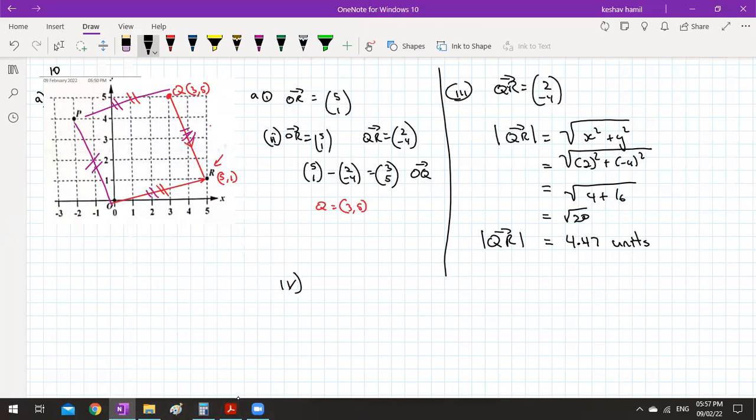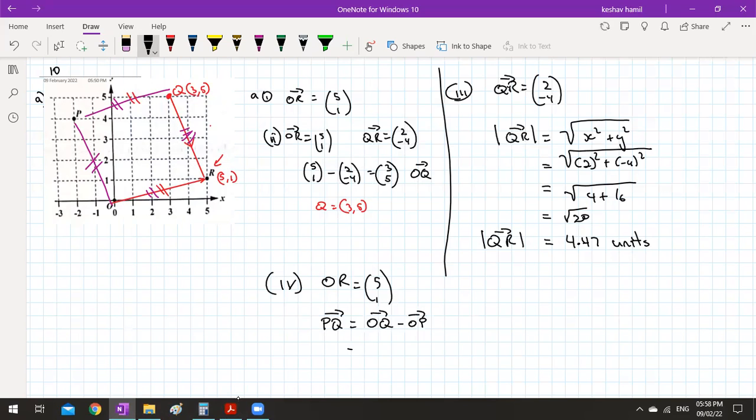So that's part 4. We know that OR is 5, 1. So basically, we're trying to say that PQ, right? We have to show that PQ is 5, 1. So PQ is the same as saying OQ minus OP, sorry, I had it in the wrong direction. OQ minus OP.